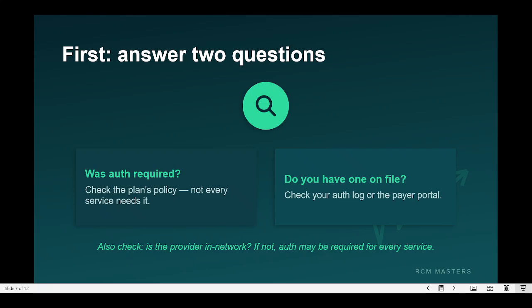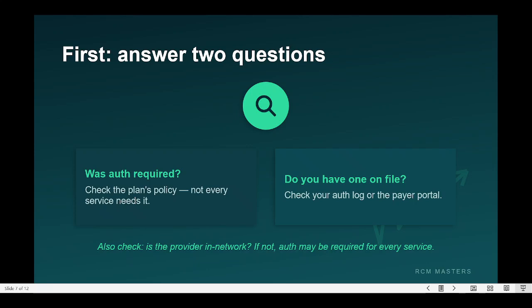Before you do anything, answer these two questions. Number one, was authorization actually required for this service under this patient's plan? Check the payer's policy. Not every service needs it. Number two, do you already have an authorization on file? Check your authorization logs or the payer portal.